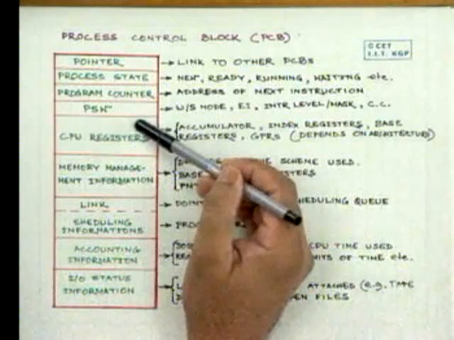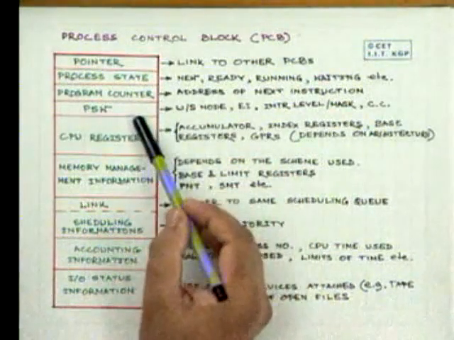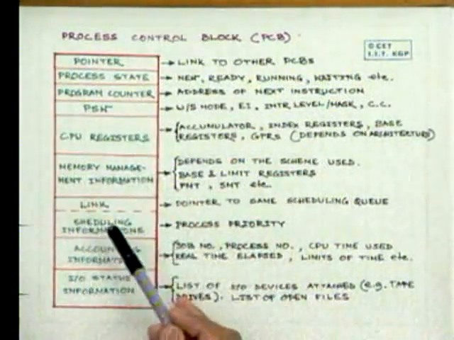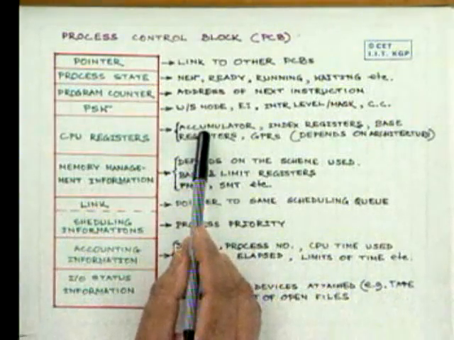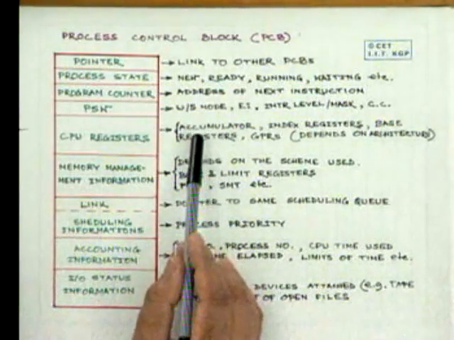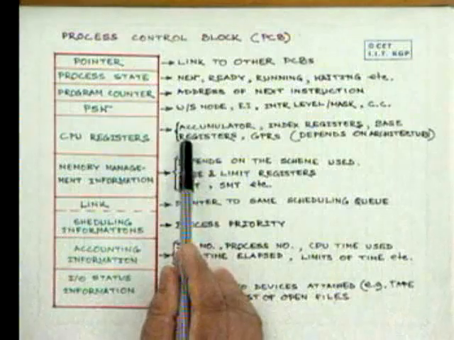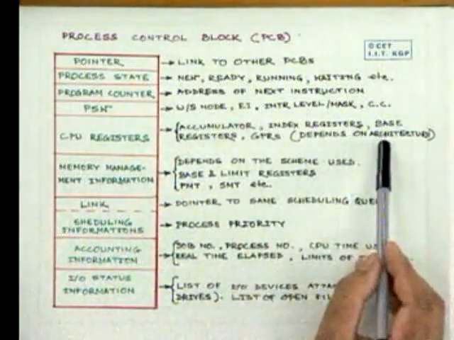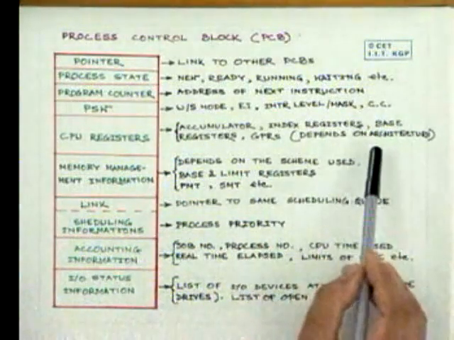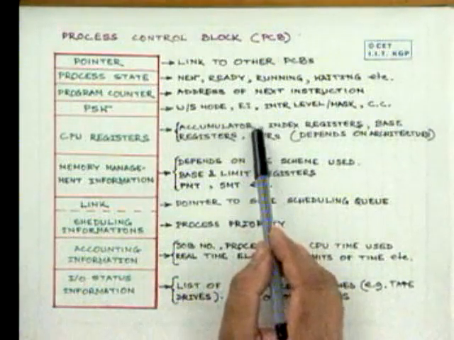Naturally, it will contain the contents of all the CPU registers that this particular process is using. The different registers involved, as we have already discussed in our architecture class, depend on the architecture.